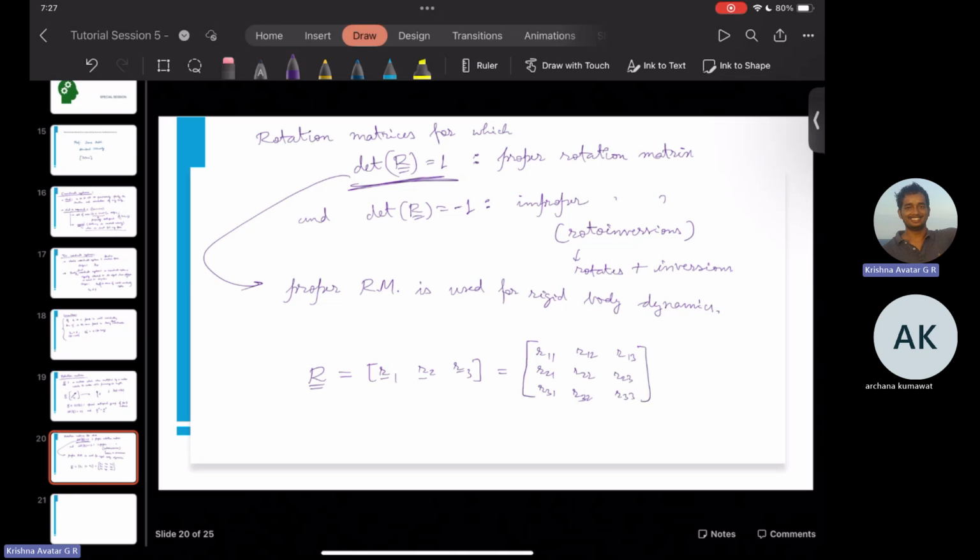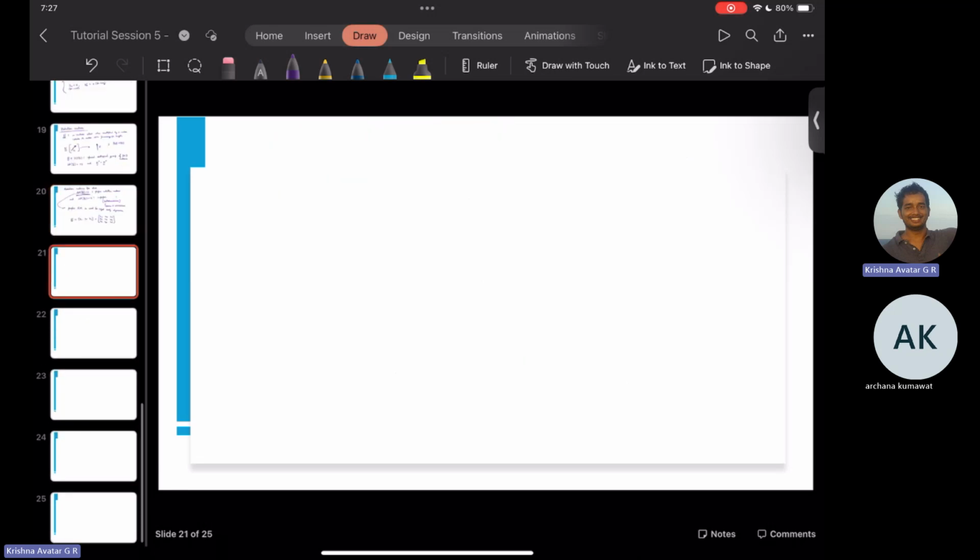So these are the components of the matrix.